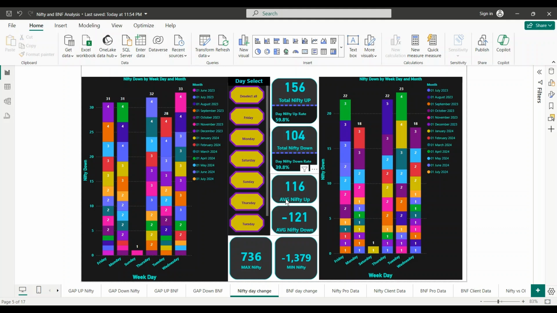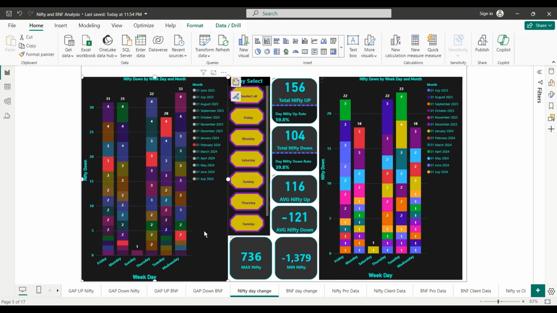We all know. And what we can do is filter this and see how Nifty and Bank Nifty behave on a particular day or in a particular month. Let me choose the most volatile month, I think, which is February, right? Let's see how it behaved in February. Here it is. Let me filter February.